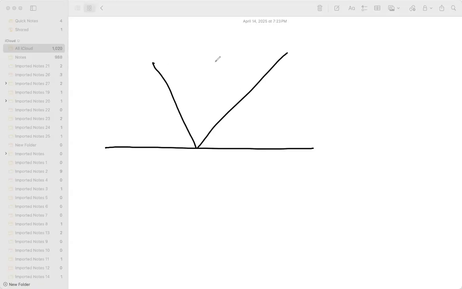Now let's see. How about this is the angle A. This is the angle B. What can you tell about angles A and B? Who can shout out? Angle A is bigger than angle B. That's true.